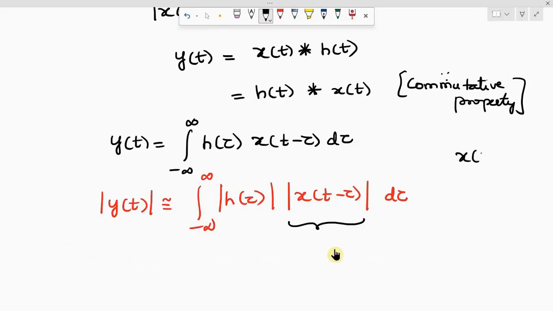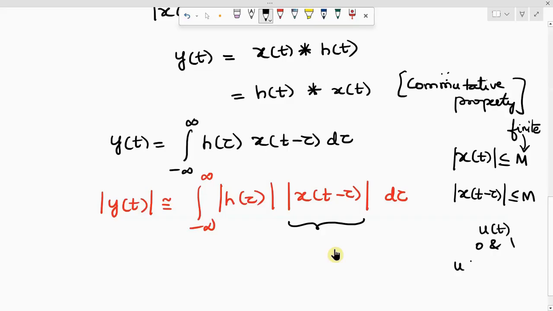I have already told that the values of x of t are bounded within a finite M. Now tell me, if I shift this signal, does its bound change or will it remain the same? It will remain the same. It will remain the same because even if u of t is lying between 0 and 1, u of t minus 1 also lies between 0 and 1 only. The value bound doesn't change, just the time bound will be changed.